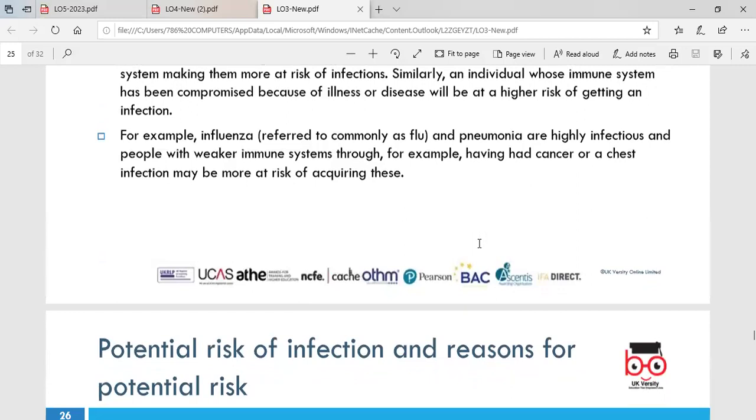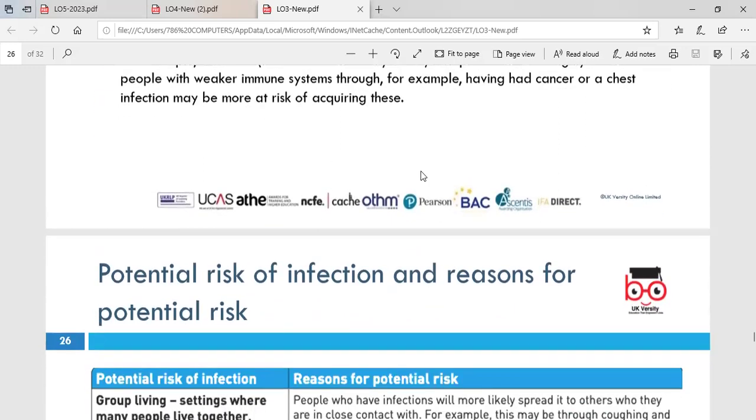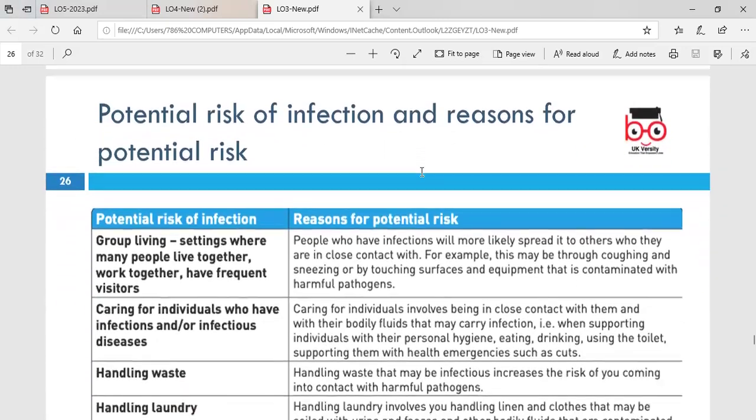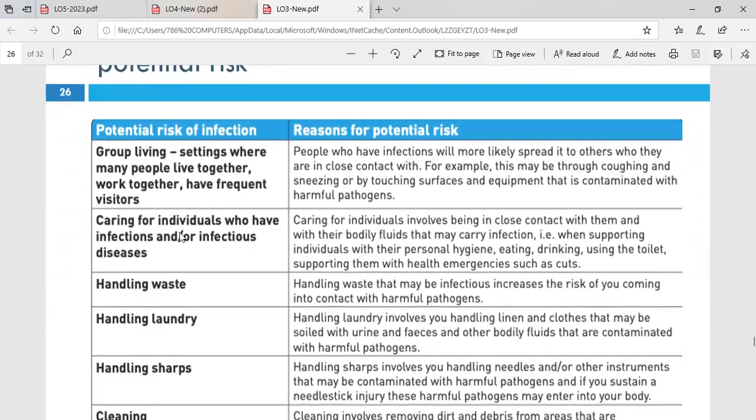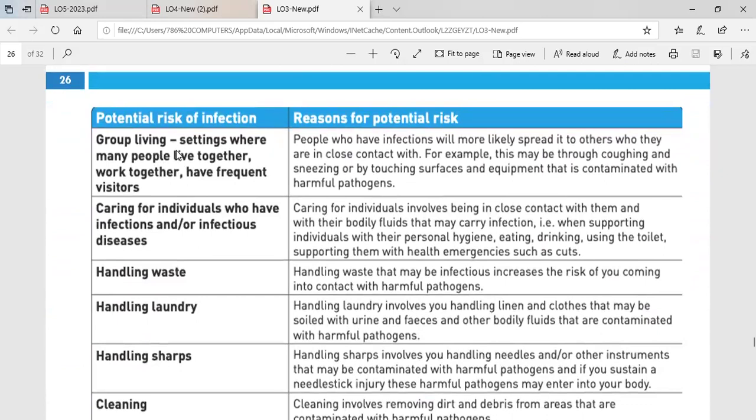Influenza, for instance, and pneumonia are highly infectious, and among people with weaker immune systems, or people who have cancer, chest infections are more common. So, potential risks of infection and the reasons for them. One risk could be group living.